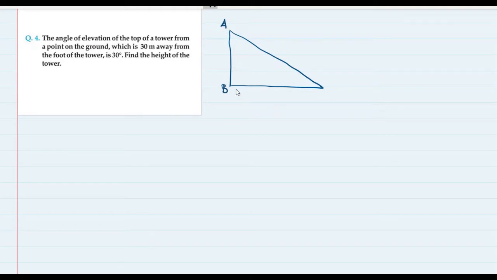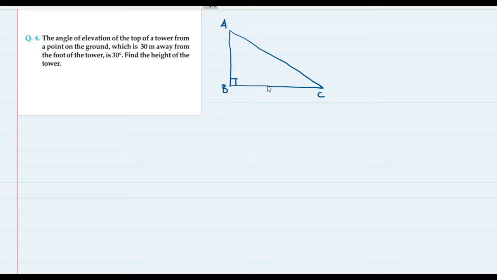Let's say that this AB is the tower, which is making 90 degree with the ground. Any tower, any tree, any pole, any building will always make 90 degree with the ground. So all the questions will always involve a right angle triangle.